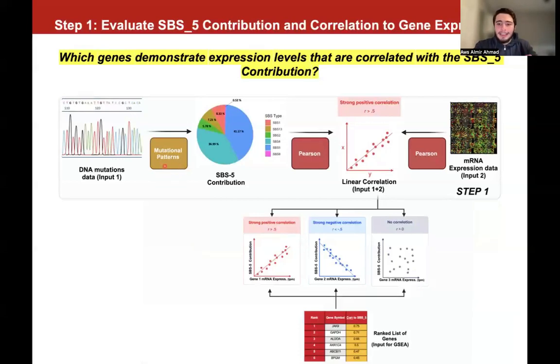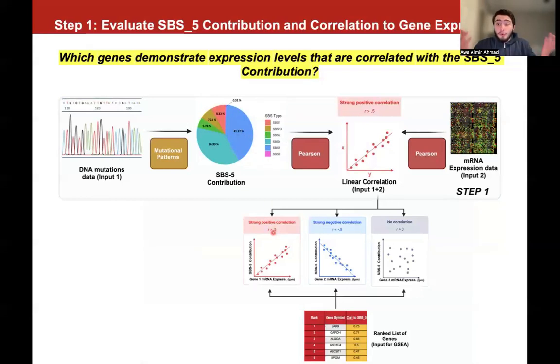This code analyzes each of the mutational data samples and gives us a label of high or low SBS5 contribution, and essentially gives us a percentage of how much SBS5 is contributing in each sample. For example, in this sample, 41% of the mutations that we observe are attributable to SBS5 contribution.